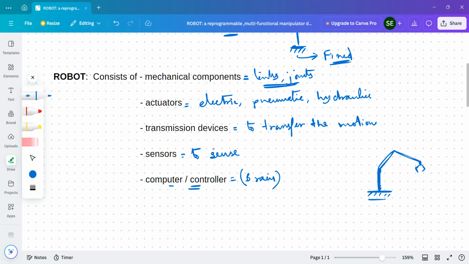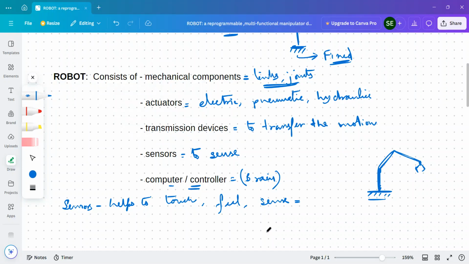So, what do sensors actually do? Sensors enable the robot to touch, feel, and sense. Now, you can ask what to touch, what to feel, and what to sense.